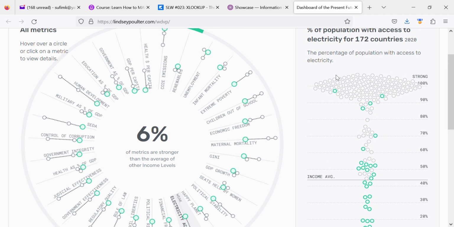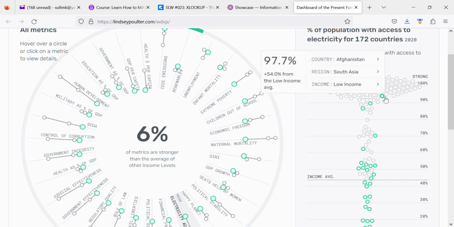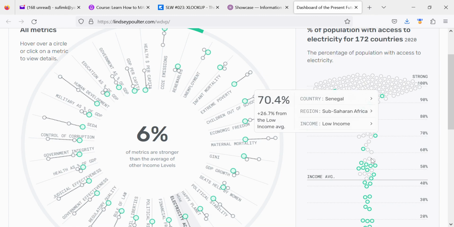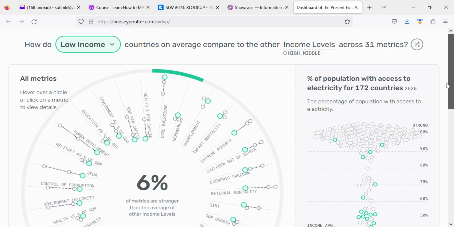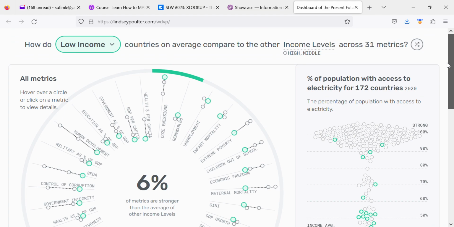For example, Rwanda is performing well. Afghanistan has 7% access, Senegal is around 70%, Benin about 41%, and so on. I will discuss the percentage of population with electricity coverage in a separate video. Now let's come back to low income countries, which are 6% stronger than the other income levels.